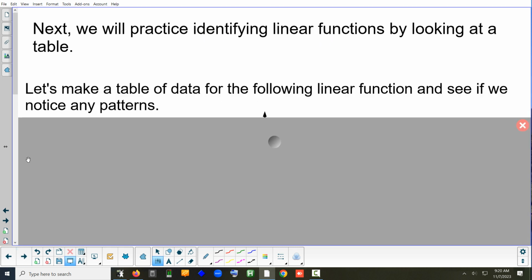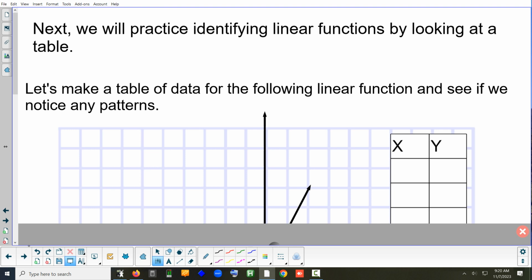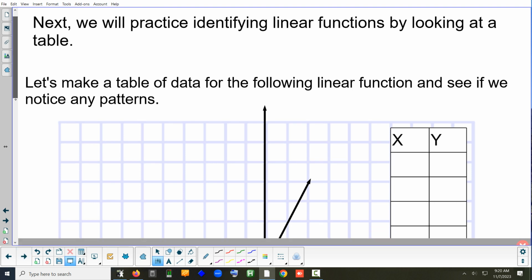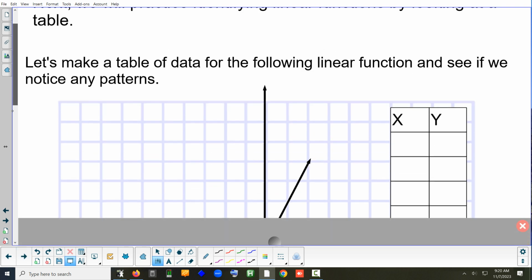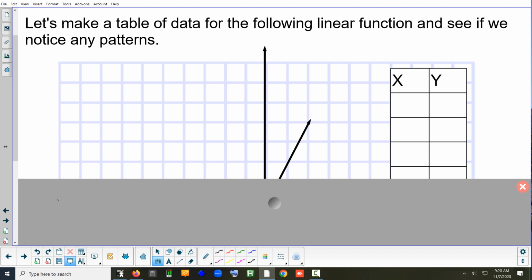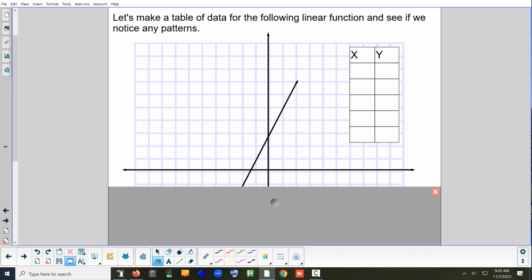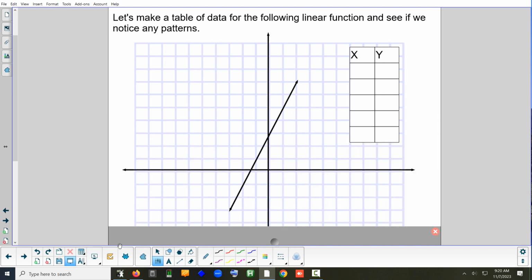Okay, so let's make a table. This part, we're just going to do this together, and then I'll let you know when we're going to write something down. I just wanted to do this part with you guys. All right, so let's make a table and see if we notice any patterns.